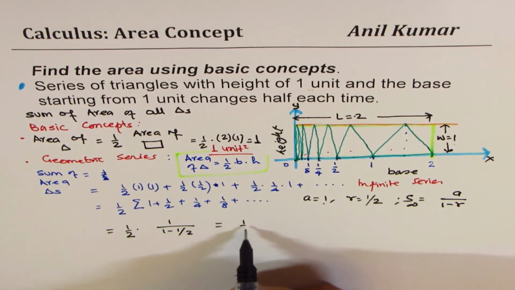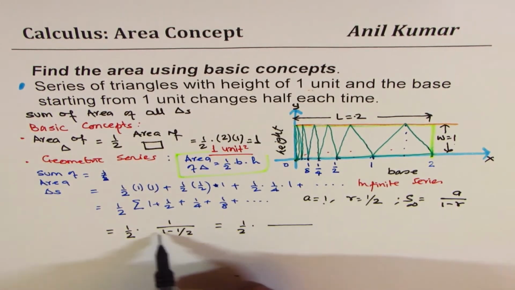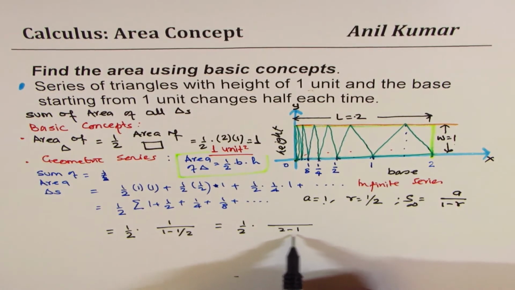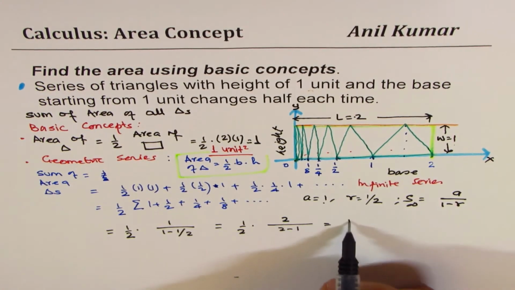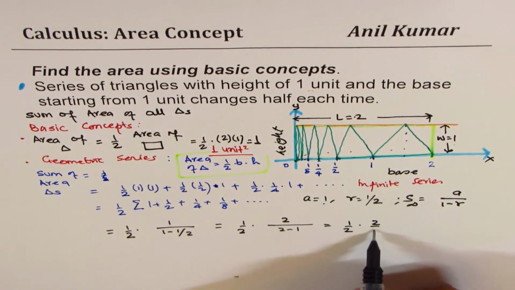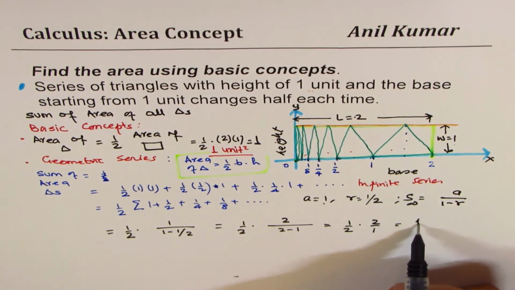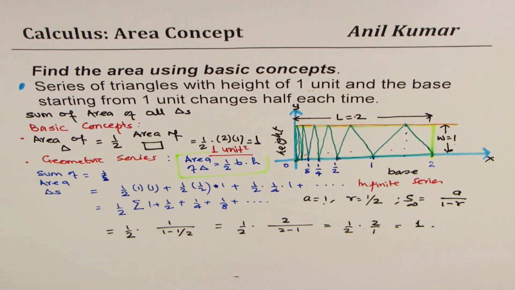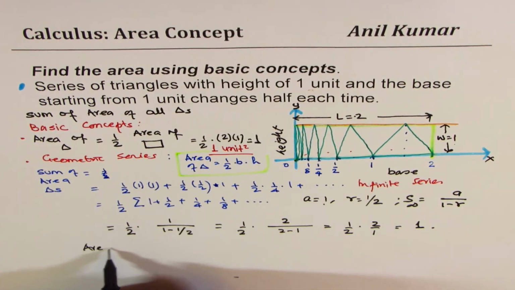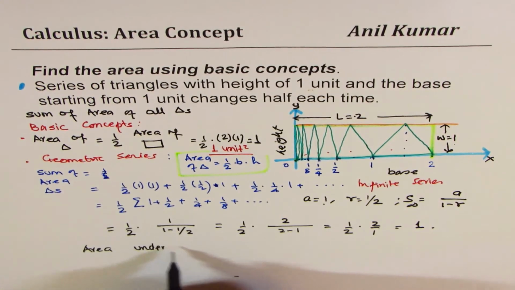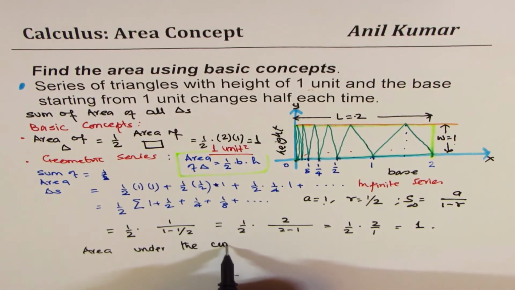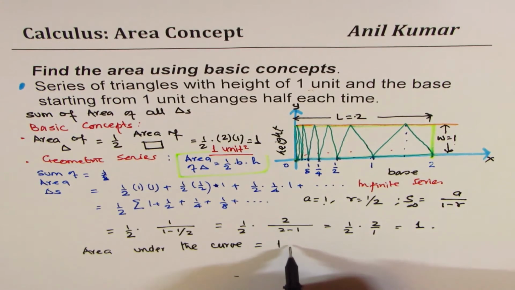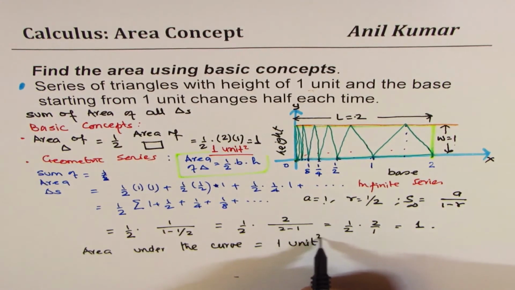Or half times, we will do 2 minus 1, so it is half times 2 over 1, and that is 1. And with this geometric series also we find the same solution, correct? So we say that the area under the curve equals 1 unit square.